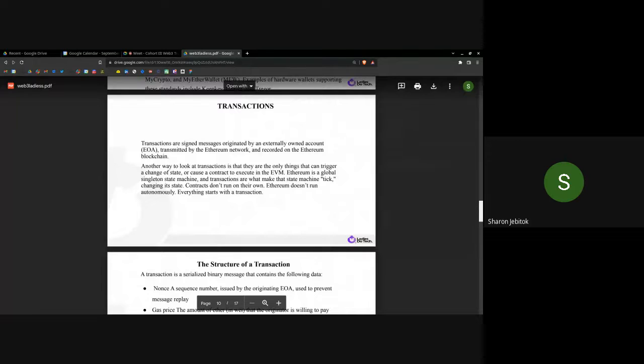The main things we look into are that these transactions have to be signed and they originate from externally owned accounts. Externally owned accounts are like those accounts on MetaMask.